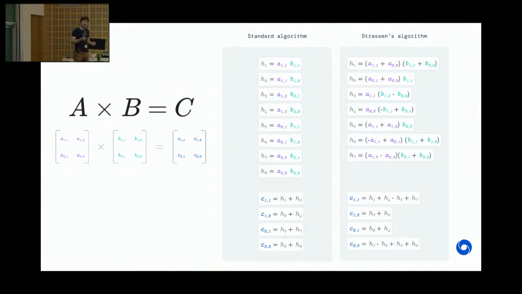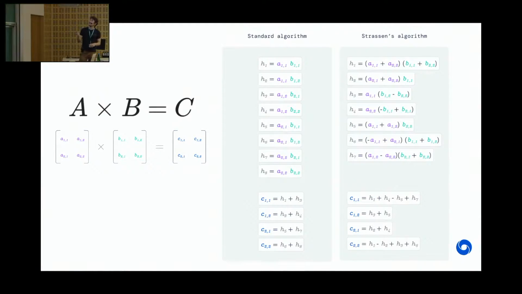And intuitively, you can think of Strassen's algorithm as a clever way of preparing these 7 ingredients, these 7 multiplies, where each ingredient is the product of some linear combination of entries from the matrix A and some linear combination of entries from the matrix B, and then multiplying them together.